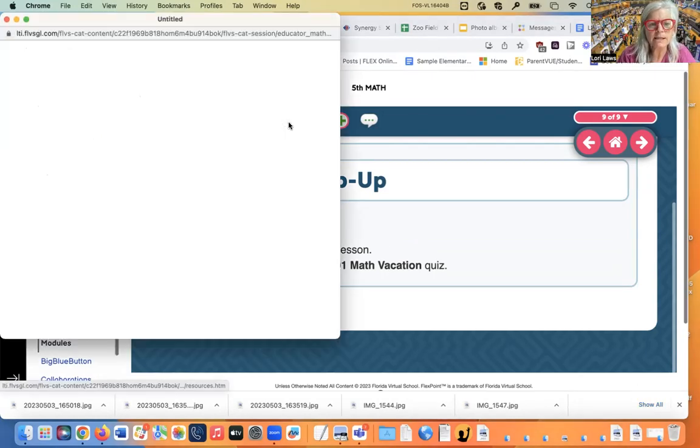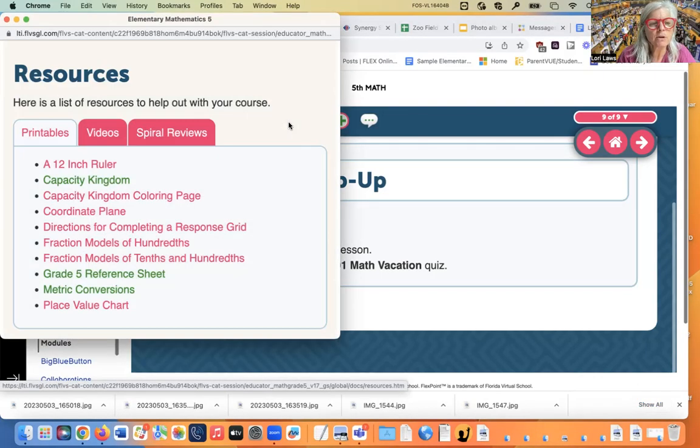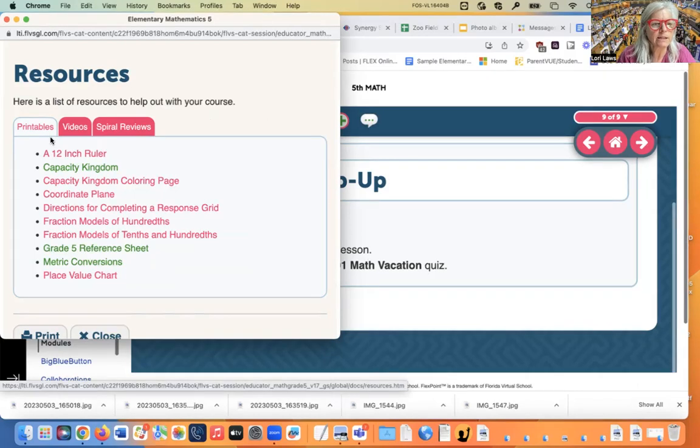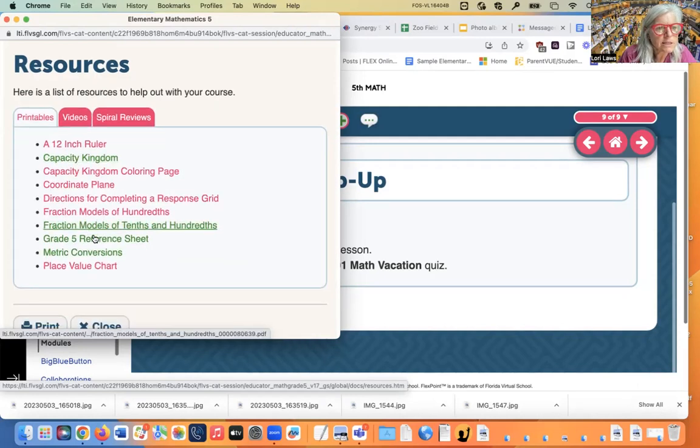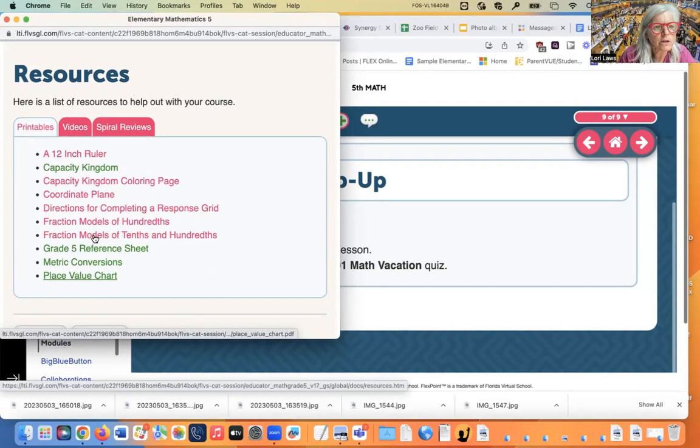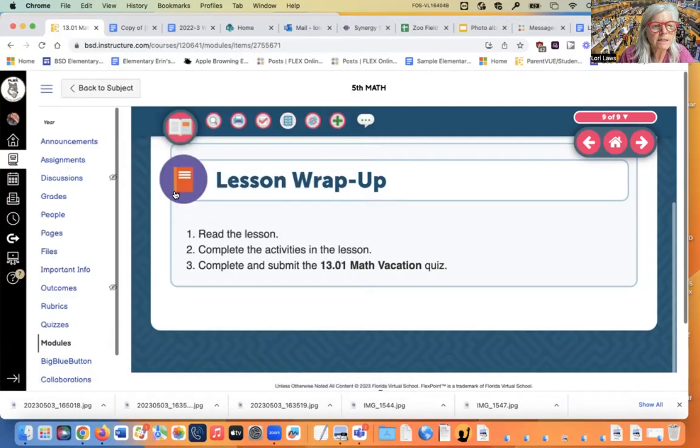Remember, if you need to access PEMDAS, you can go up here into your file and it'll say printables. And let's see if it's got the PEMDAS chart. I do not see it. Videos, spiral reviews. I don't see that they have the PEMDAS chart there. Huh. That's weird. Then you have to go back to that page that it's on if you want to remember it.